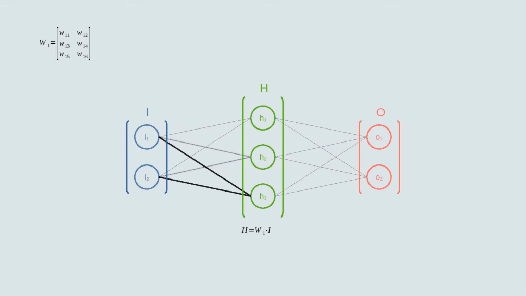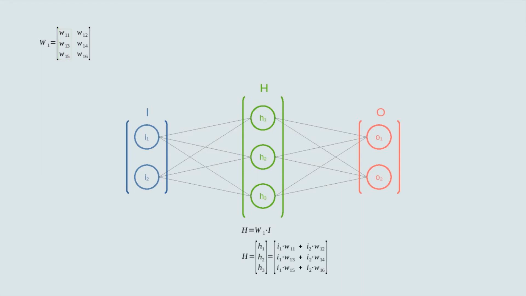The last row will contain W15 that defines the connection of I1 to H3 and W16 that defines the connection of I2 to H3. We can notice that the shape of the weight matrix is defined based on the shape of the two column vectors I and H. The matrix will have two columns because we have two neurons in I, and it will have three rows because we have three neurons in H.